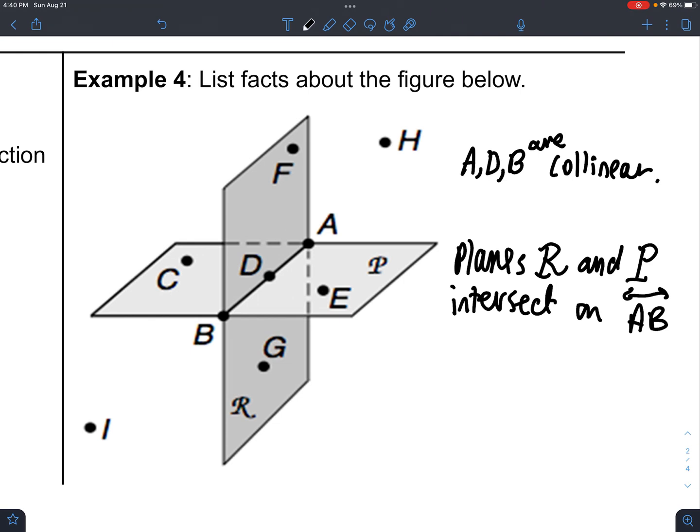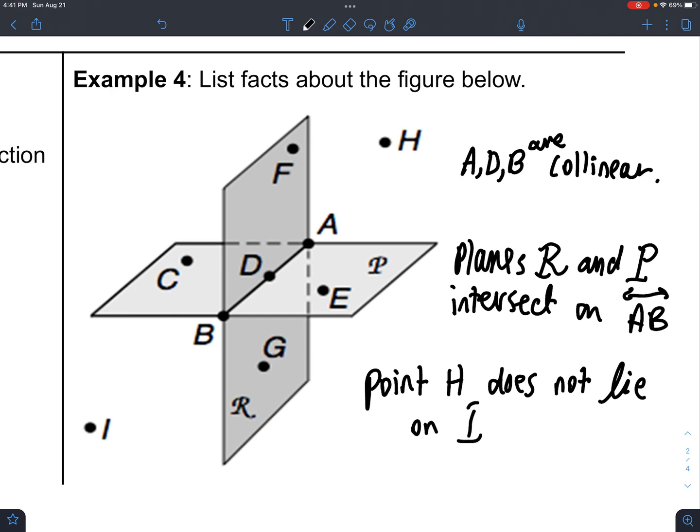That's a good fact. It can probably be assumed that point H does not lie on plane P. Seems fair. It could, I guess, but that would kind of be a trick question.